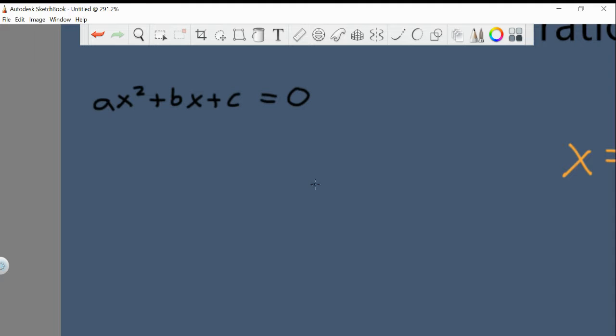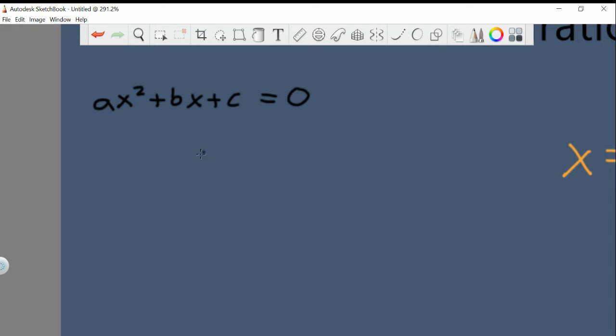We get a, b, c, we plug it in. But let's pretend we don't know the quadratic formula. If we try to solve this question without any numbers at all, we're going to leave it as a, we're going to leave it as b, we're going to leave it as c.